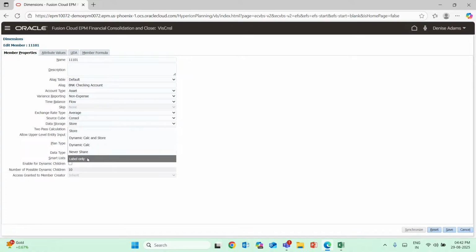Last we have label only. This will display the data for the first child member regardless of the aggregation.